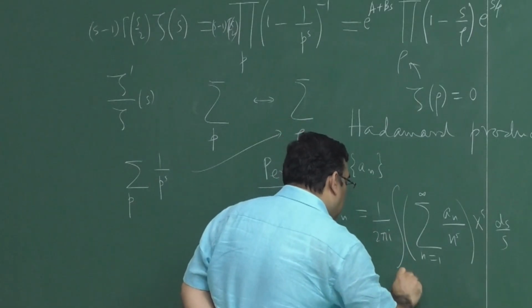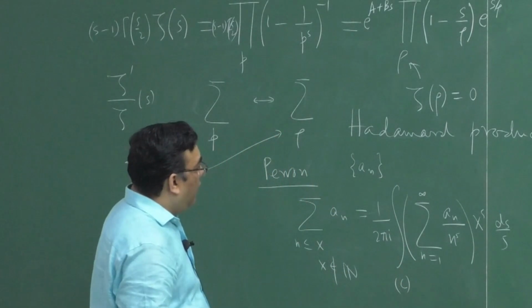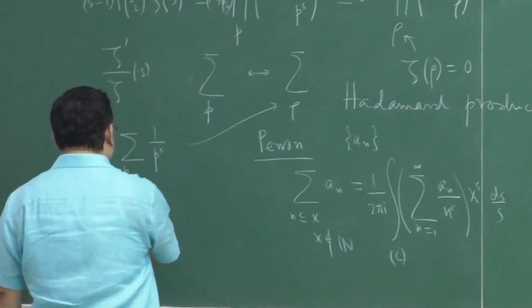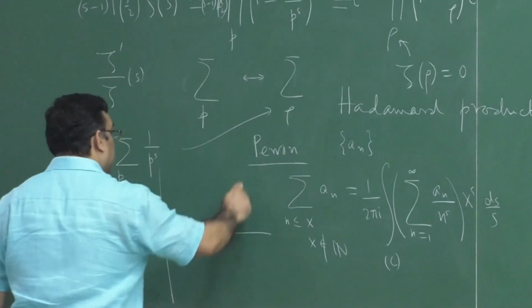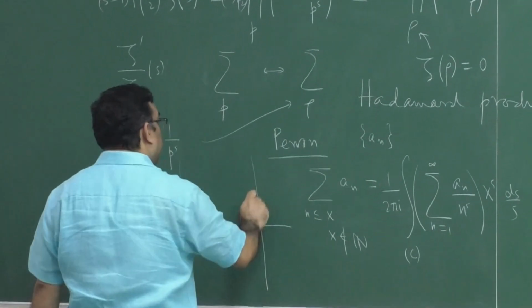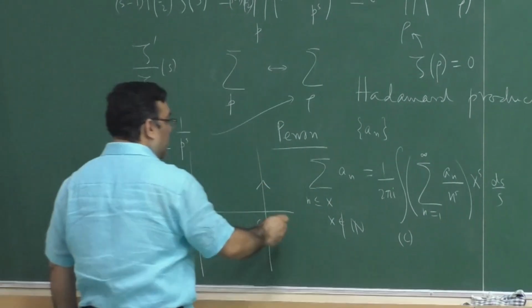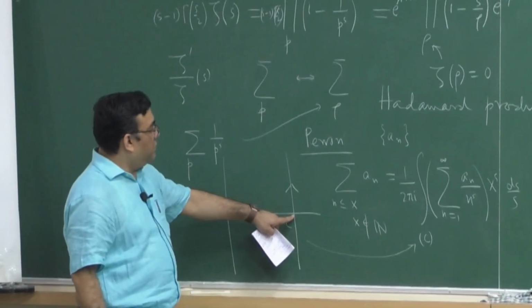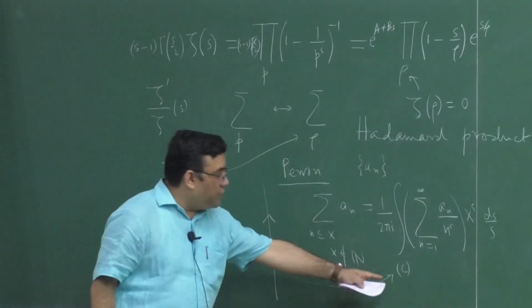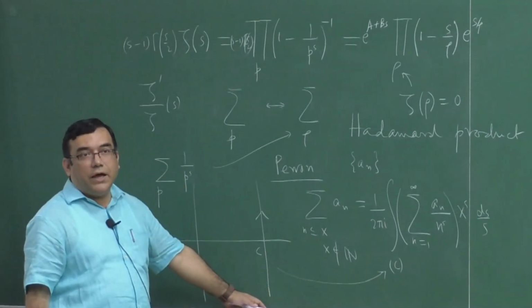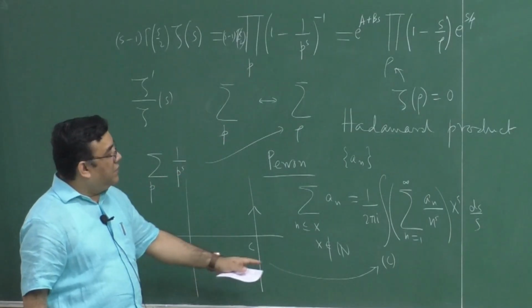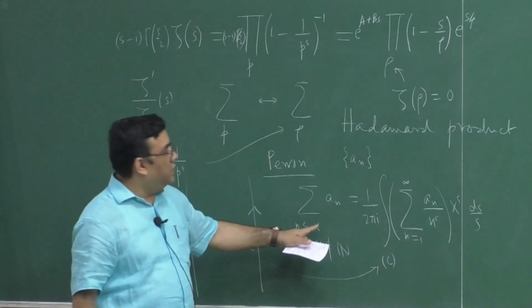This integral will be a vertical integral passing through a real number c. This is the contour which starts at c minus i infinity and goes to c plus i infinity. This contour integral is equal to this.